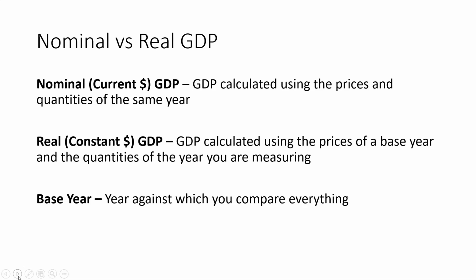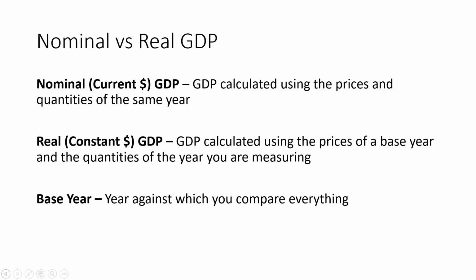Well, the answer is no, because prices could have changed. If prices went up and output dropped, GDP could still go up. So we had to find a way to use GDP as a measure of changes in output and the health of the economy without worrying about changes in prices.